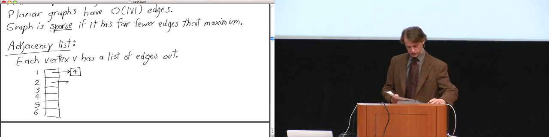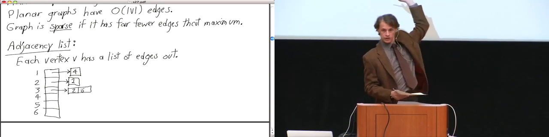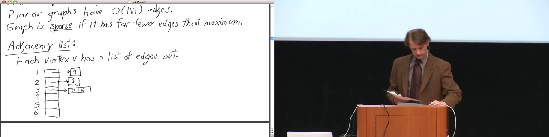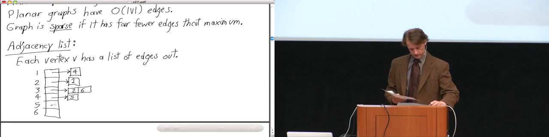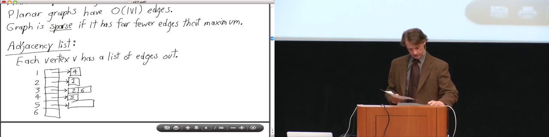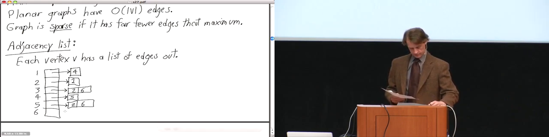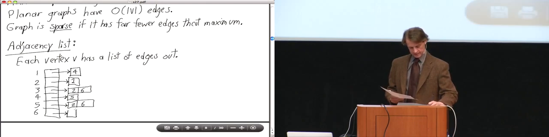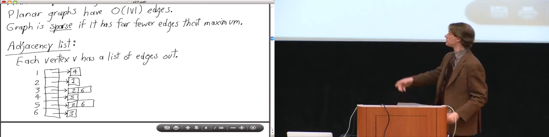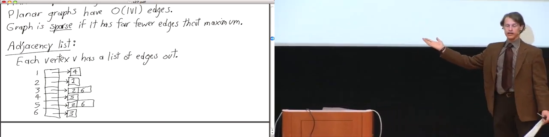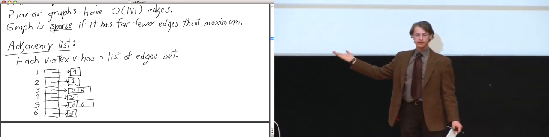When you're leaving intersection 2, you can go to intersection 1. When you're leaving intersection 3, you can go to intersections 2 and 6. So that's an array of length 2. When you're leaving intersection 4, you can go to intersection 5. When you're leaving intersection 5, you can go to intersections 2 and 6. From 6, you can get to 3, and that's it. So this is the simplest kind of adjacency list, an array of arrays.